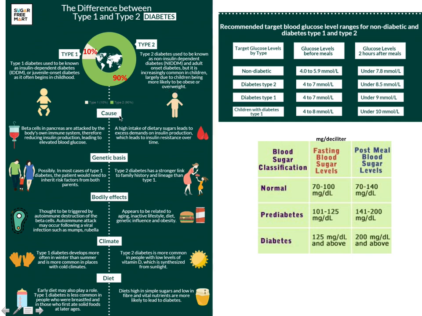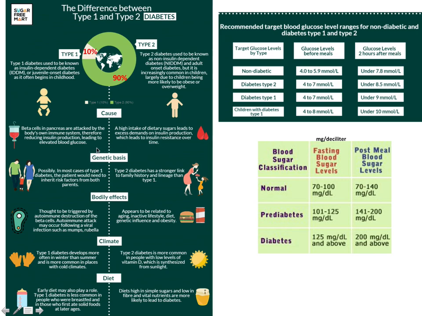Now, the cause of type 1 is that beta cells in the pancreas are attacked by the body's own immune system, therefore reducing insulin production, leading to an elevated blood sugar or blood glucose level. In type 2 diabetes, a high intake of dietary sugar leads to excess demands on insulin production, which leads to insulin resistance over time.